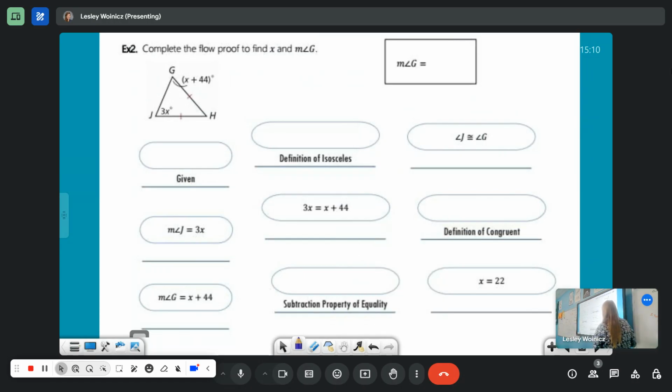Okay, so what have we been given? Here I have two given angle measures on my picture, and those are already here. Do you guys see that? So I wouldn't put these in that bubble because they're already on there. So this one has been given to us from the picture, and this one has also been given on the picture.